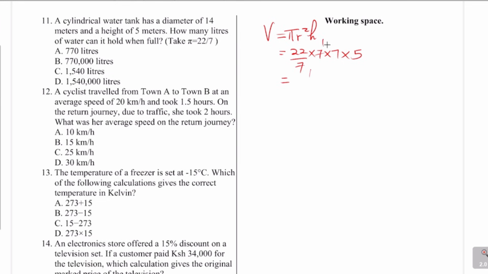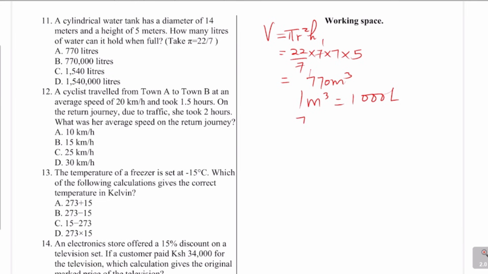So when you multiply these, you will get 22 by 35, and that will give you 770 meters cubed. Once you get that, because you require the capacity in liters, you need to convert meters cubed to liters. You do this by this formula: 1 meter cubed is equal to 1,000 liters.